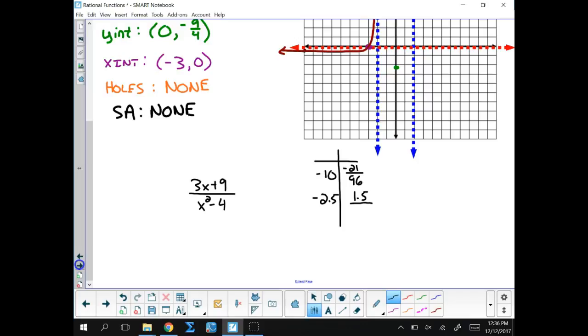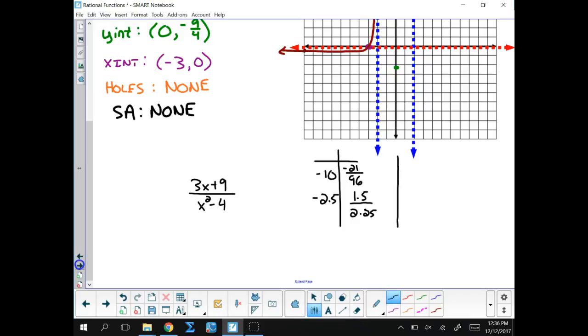Negative 2.5 squared is 6.25. Minus 4 is 2.25. Is that a positive number or is that a negative number? Positive. It's going to be positive because it's a positive divided by a positive. So that just proves that we cross over there and go up. Okay?